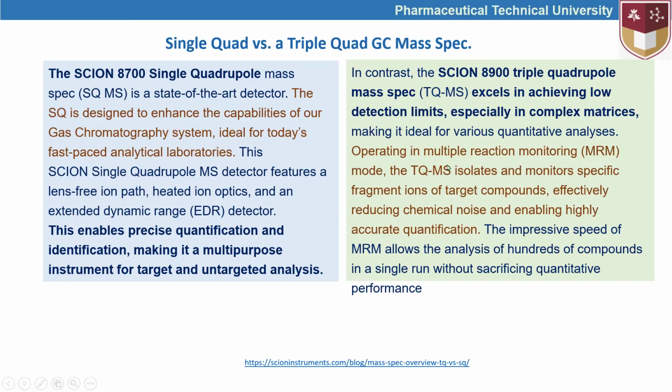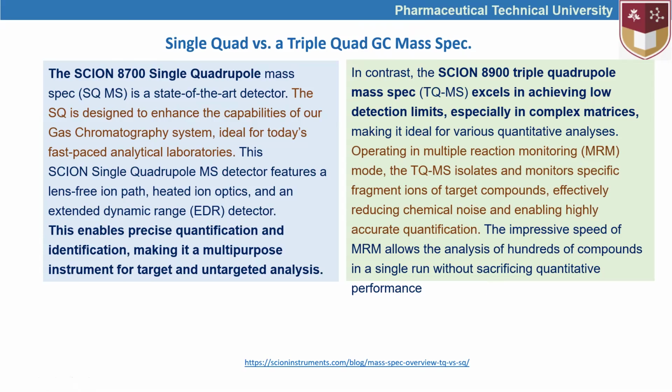So by these properties, triple quadrupole mass spectrometers have advantages over single quadrupoles. The impressive speed of multiple reaction monitoring allows the analysis of hundreds of compounds in a single run without sacrificing quantitative performance.